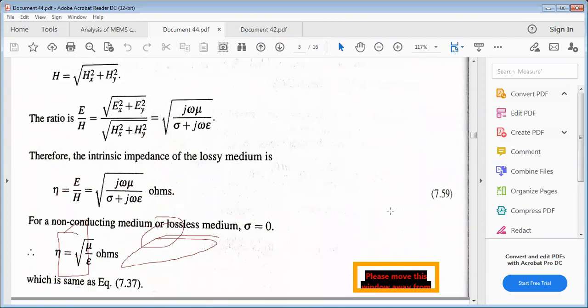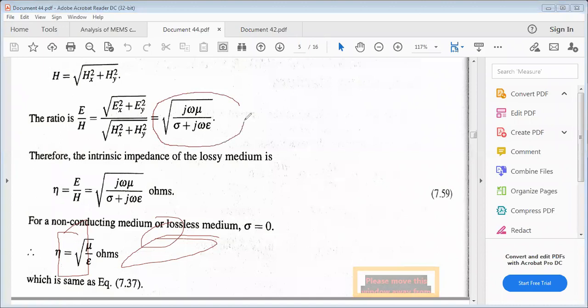Therefore, the intrinsic impedance of the medium, eta equal to E by H equal to square root of j omega mu by sigma plus j omega epsilon. This relation is very important.